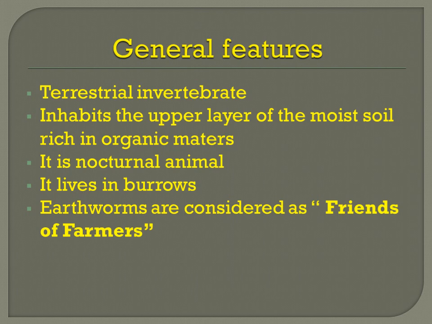Then, earthworms are considered friends of the farmer. You may have learned this in lower classes also. Why are earthworms known as friends of the farmer? Since the earthworm lives on the surface of the soil as well as in the deep layers of the soil, when it makes burrows and holes, it helps in the aeration of the land.